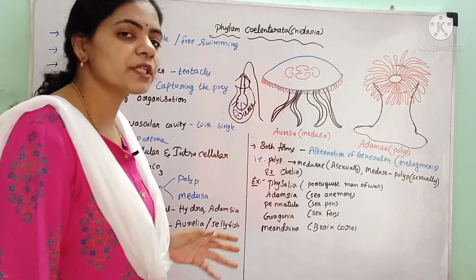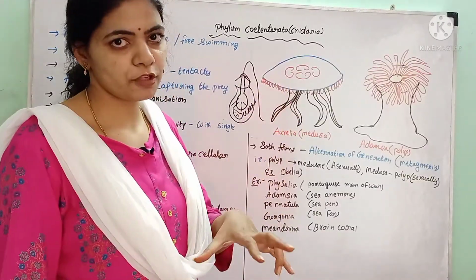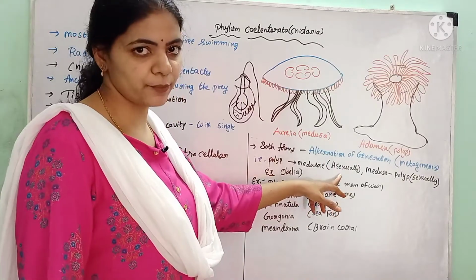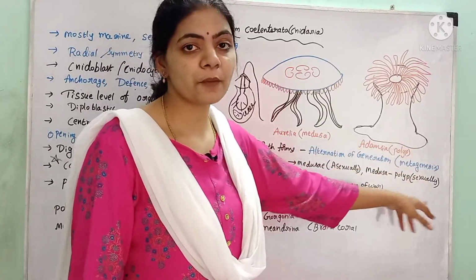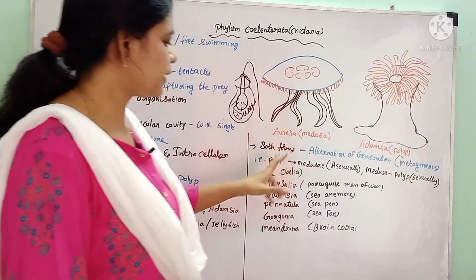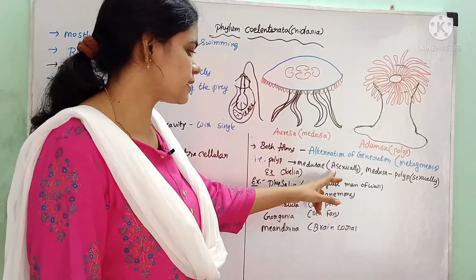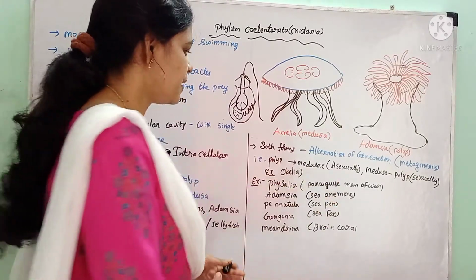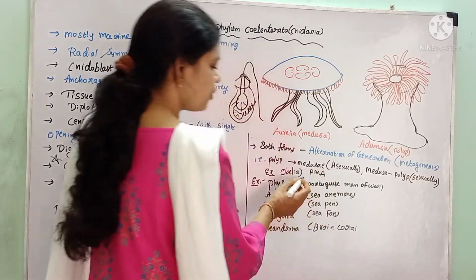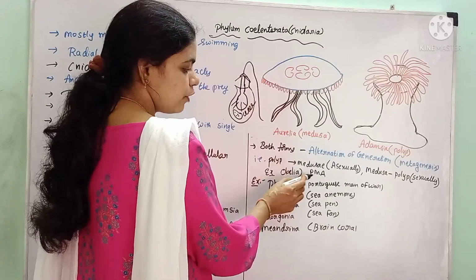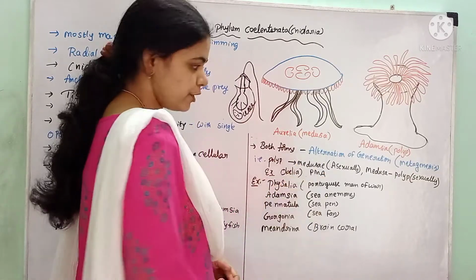Here alternation of generation means what? The polyp form is followed by the medusa form, and from the medusa the polyp is formed, by sexual reproduction. From the polyp, medusa is formed sexually, that is PMS. PMS means from the polyp, medusa is formed by sexual reproduction.